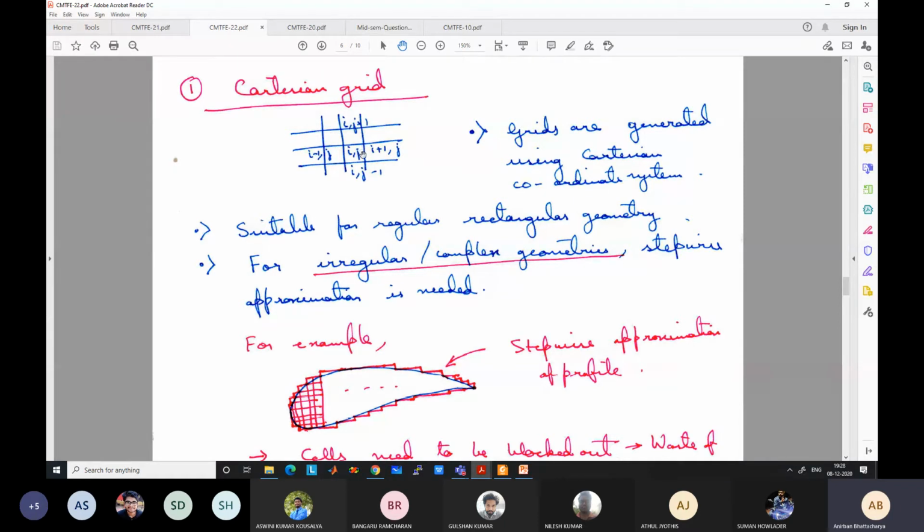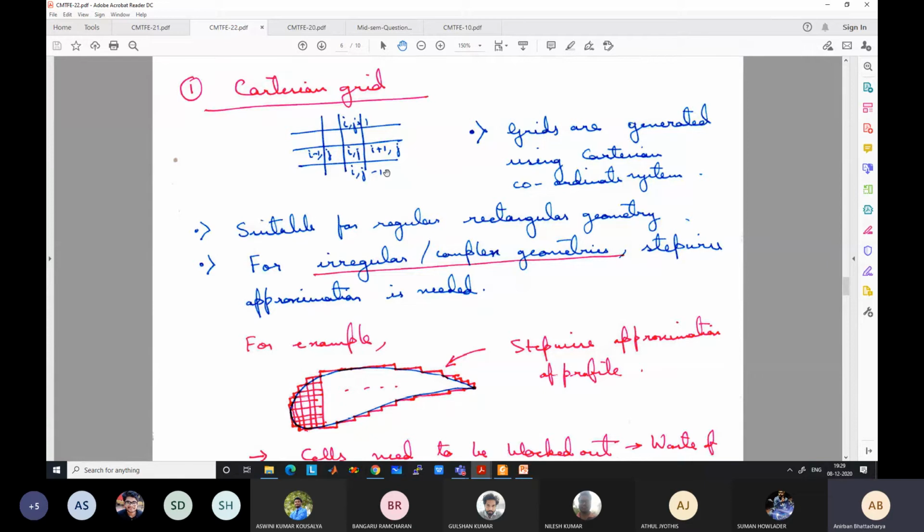And here always the interfaces are perpendicular to the line joining the grid points. So the flux is always along the line joining the grid points. So flux calculation does not induce any error. This is also known as orthogonal, meaning the coordinate lines are orthogonal, at 90-degree angle to each other.